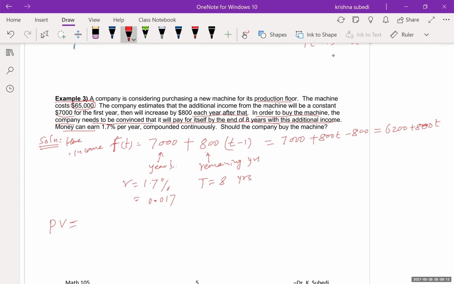For the first year, present value for the first year is actually the integral from 0 to t of f of t. Well, you know what, let me do one more thing here. Just give me 1 second.